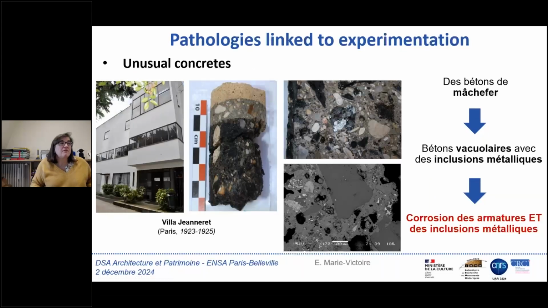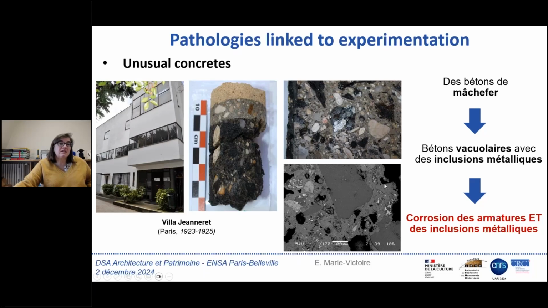And we also have unusual composition here with Le Corbusier in Village Adret, where he used a mâche-fer, which is a mix of slag and iron. And you can see that this mâche-fer was used both as a gravel, but also in the mix.